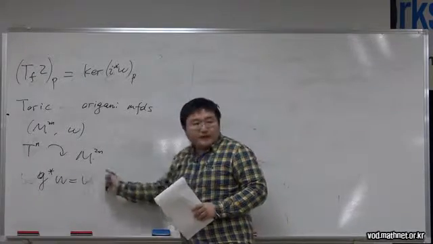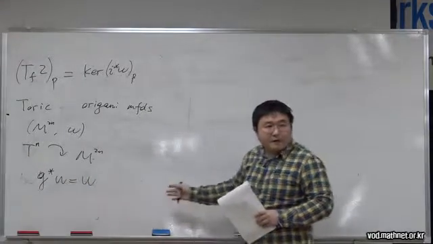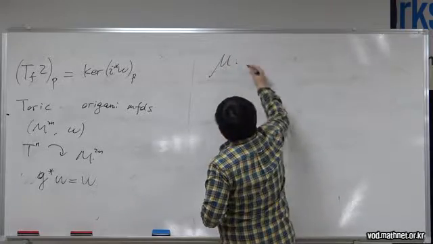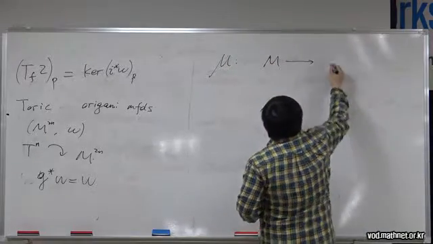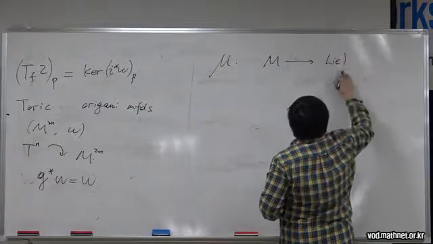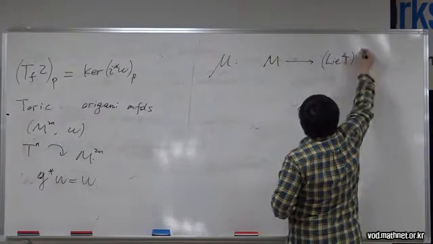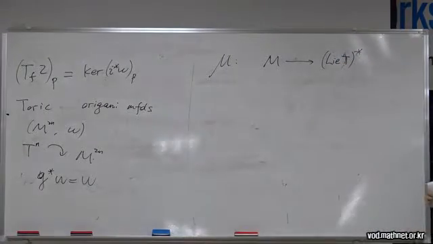Like the symplectic case, we will also require a momentum map. This is mu from M to the dual of the Lie algebra.